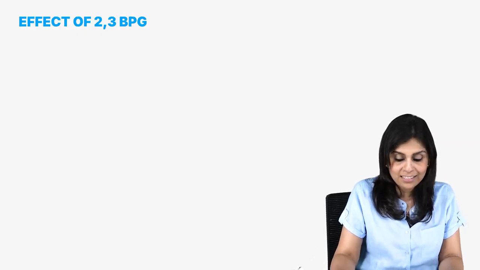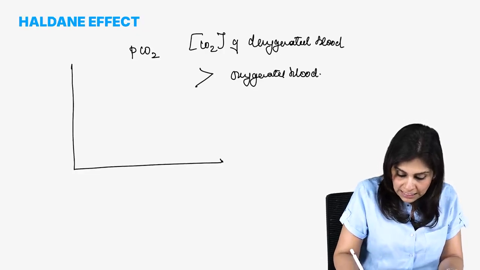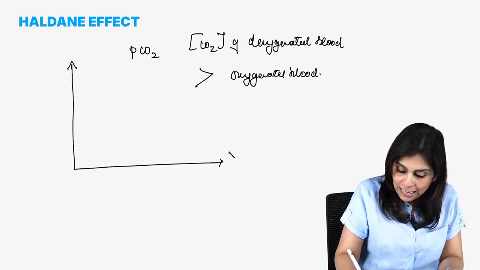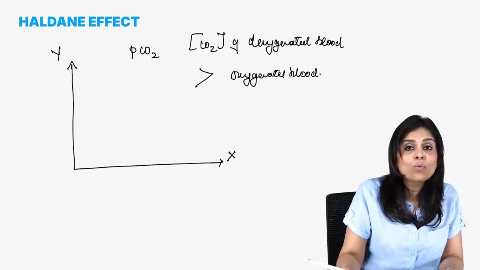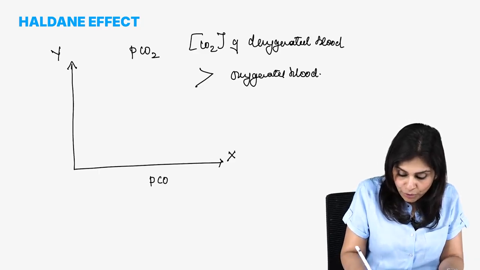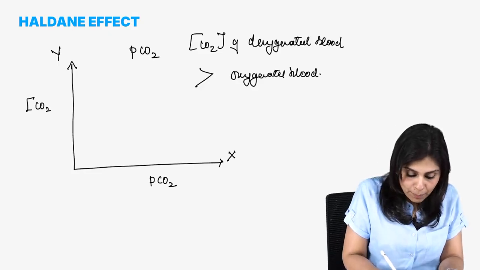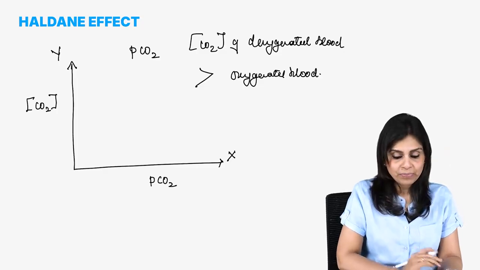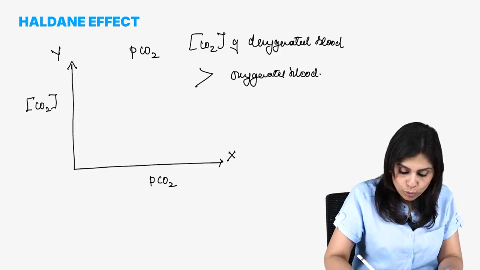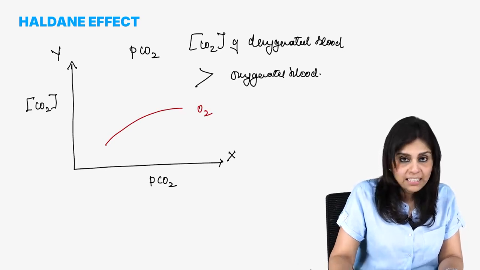Let me draw this as a graph for you. So how is this graph drawn? This graph is drawn with what along the x-axis and what along the y-axis? Along the x-axis, we have partial pressure of carbon dioxide. Along the y-axis, you have carbon dioxide concentration. And you will see two curves. Okay, one curve is for oxygenated blood.